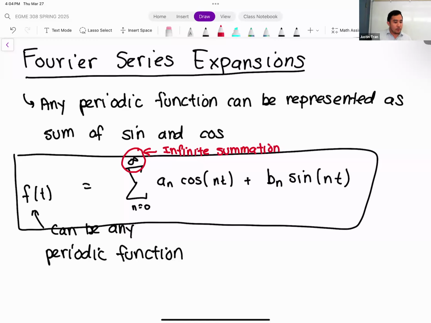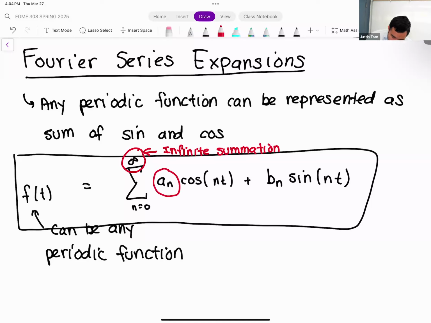Which of course is not practical, because nobody has time to add up an infinite number of terms. That's why it's infinite. So literally no one has time to do that. We'll talk about some compromises you can make today.